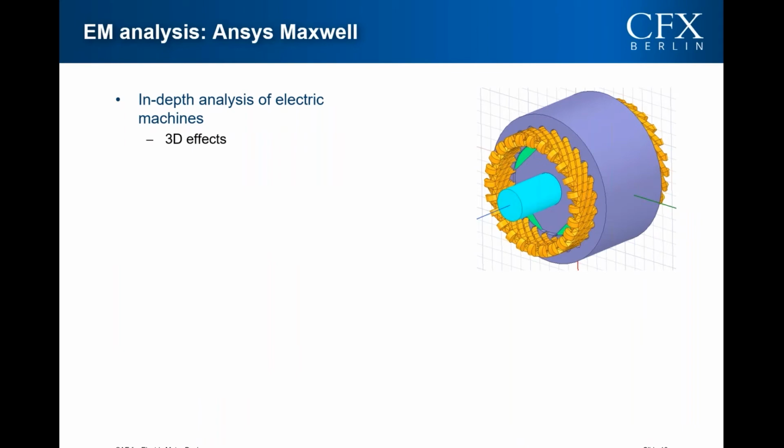So what are the strengths when calculating electric machines with this tool? First of all, we can include 3D effects. This is particularly important when the axial length of the machine is short, like in torque motors.